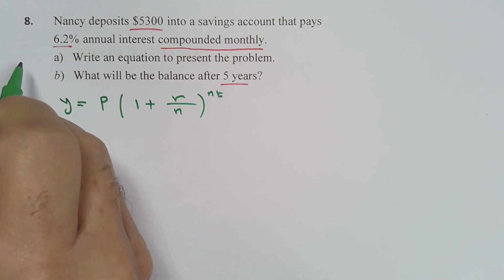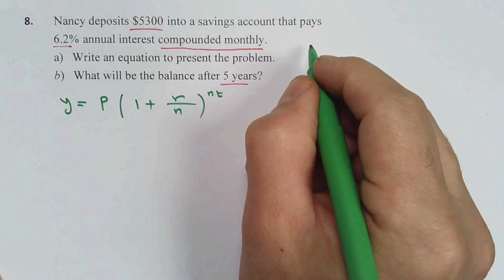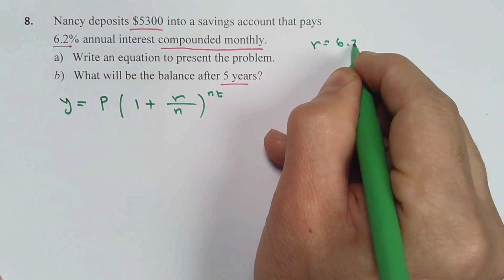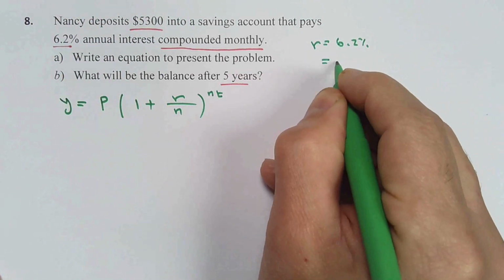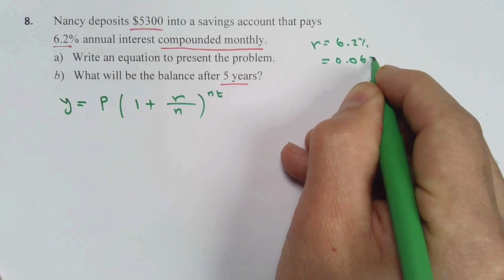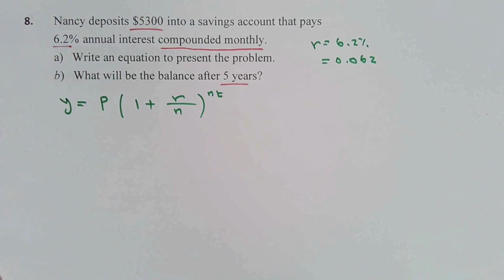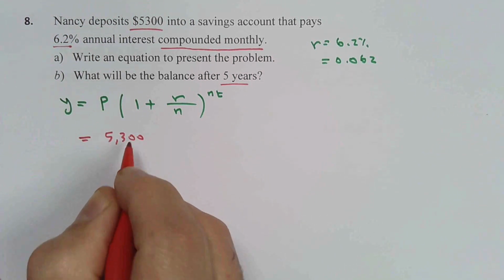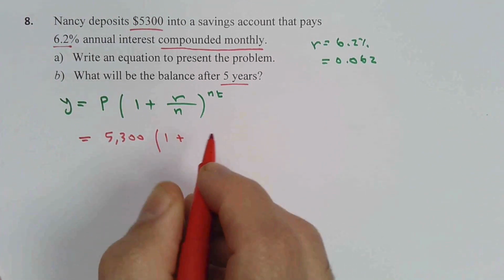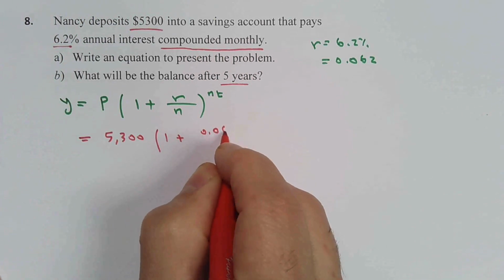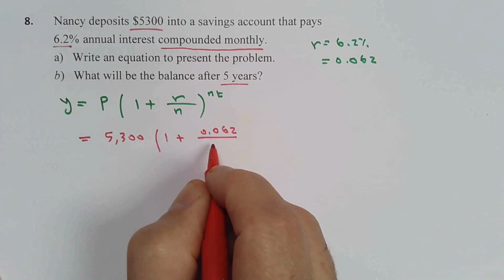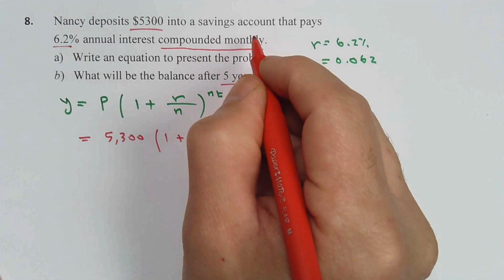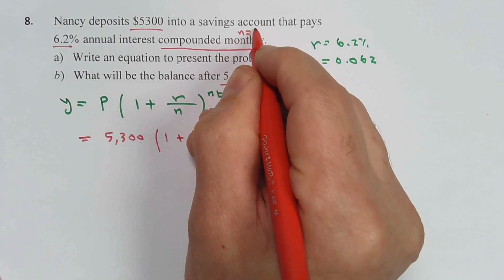R is 6.2%, which is 0.062 as a decimal. Going back to the problem, we have 5,300 multiplied by 1 plus 0.062 divided by n, and monthly means n equals 12.